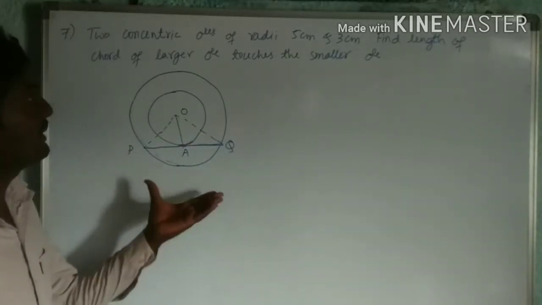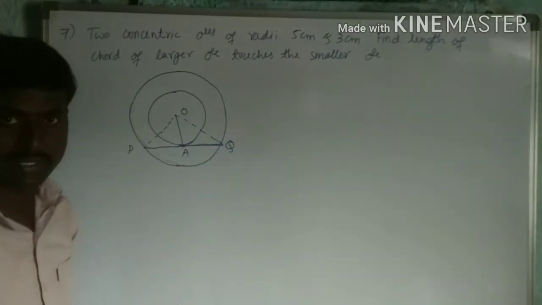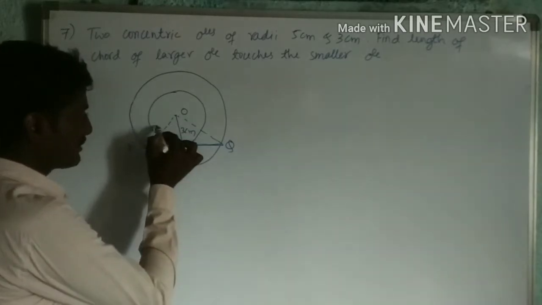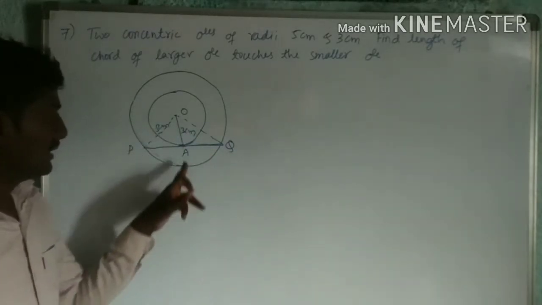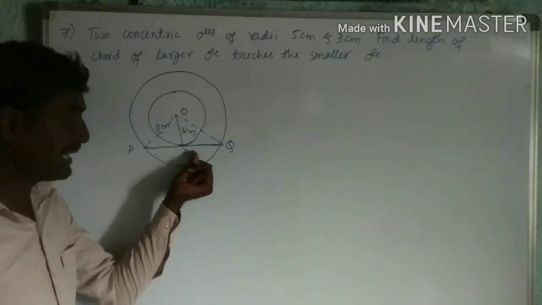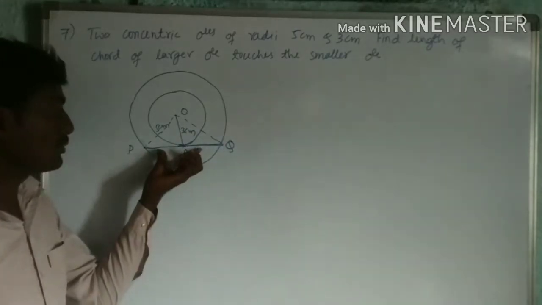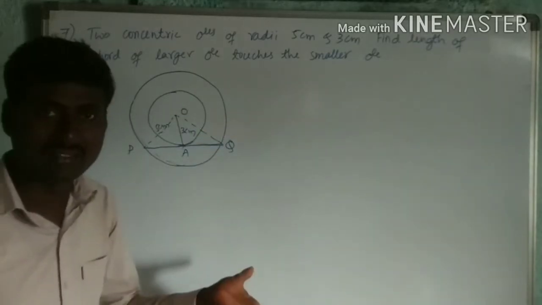Here what do I have to find? The length of the chord PQ we have to find. So this will be 3 centimeter and this will be 5 centimeter. Already we know that PQ touches the small circle at the point A. Means PQ will be a tangent to the smaller circle.